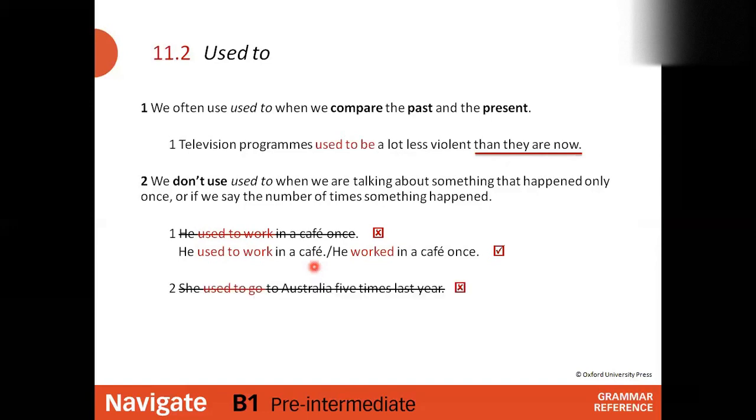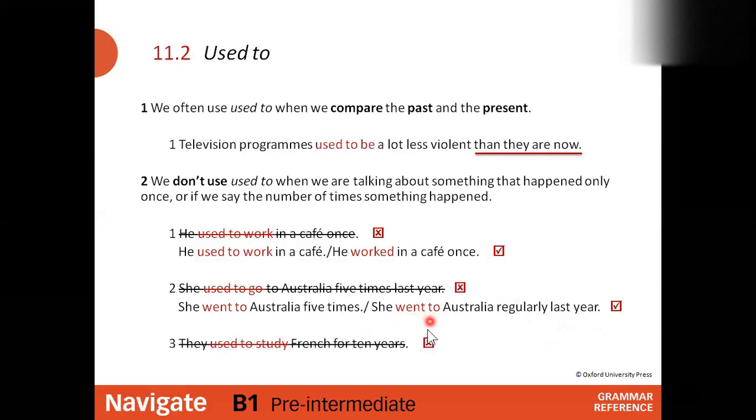Next example: she used to go to Australia 5 times last year is wrong. The correct version is she went to Australia 5 times. So how many times? 5 times, so you use past simple. She went to Australia regularly last year. Regularly and last year go with past simple, so you use went to.